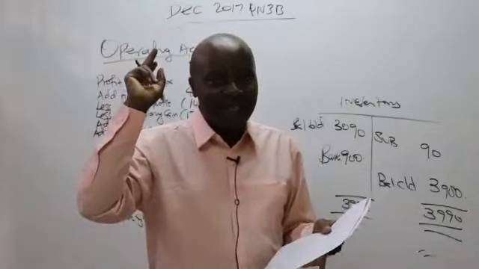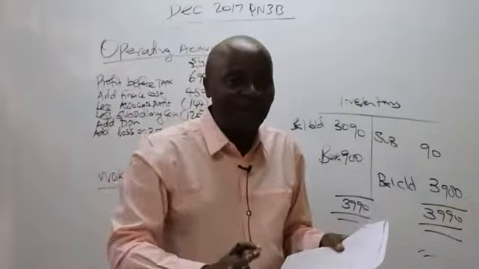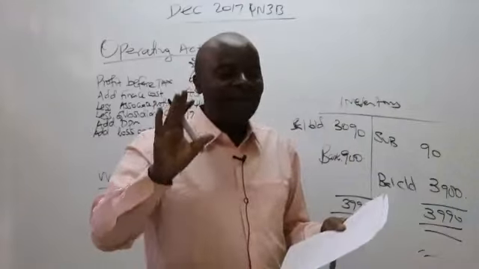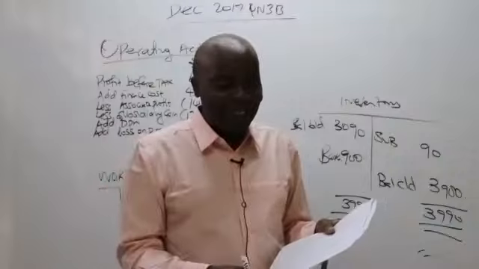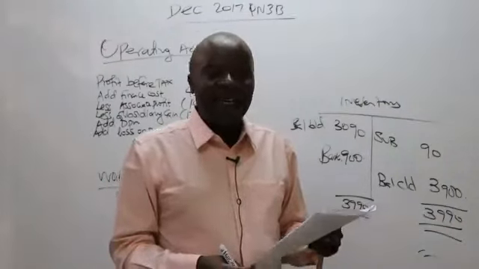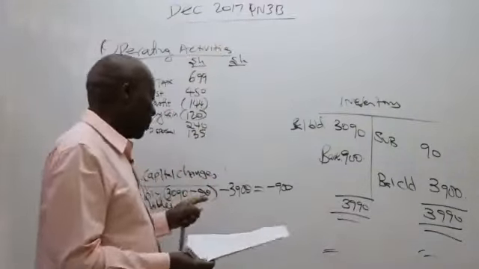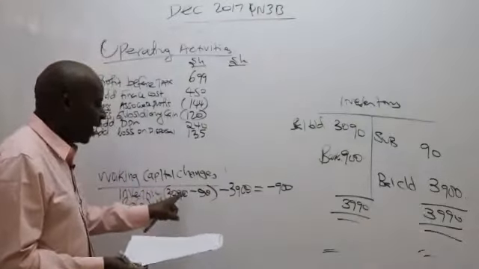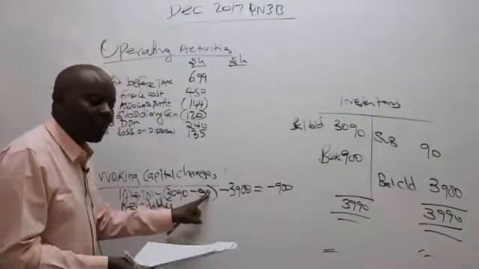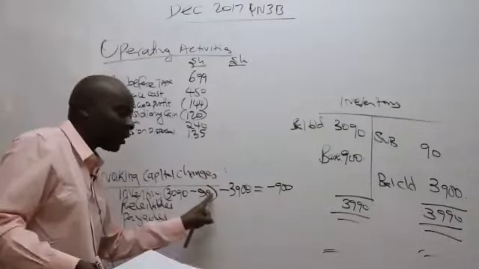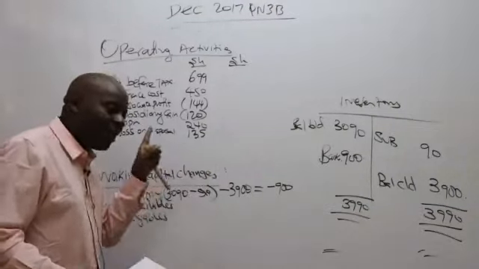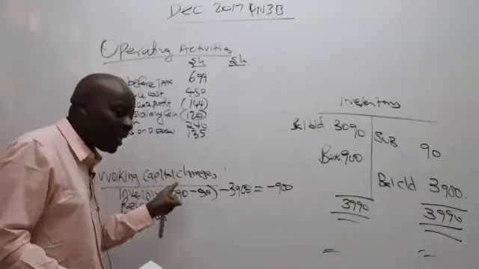Is there somebody who can remember something like that? Yeah. So unajua ukiambiwa kwamba subsidiary ilikuwa disposed in the year, nitasema hapa minus 90. Na kama kuna subsidiary nyingine ambayo ilikuwa acquired in the year, nitasema perhaps hapa plus 80.